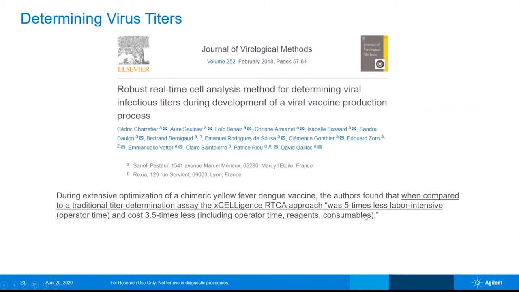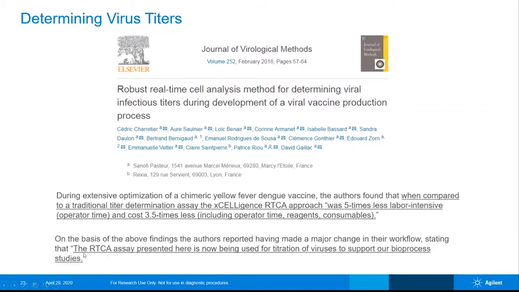So on the basis of this, they said that the RTCA, or the xCELLigence assay presented here, is now being used for titration of viruses to support their bioprocess studies. So I think it's pretty striking when a set of researchers that are in this space have completely changed their workflow to adopt this. That's saying something.